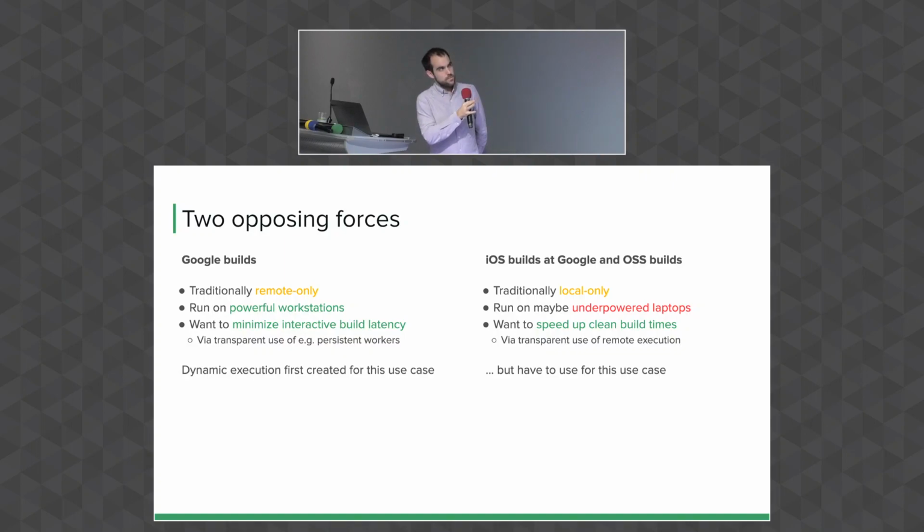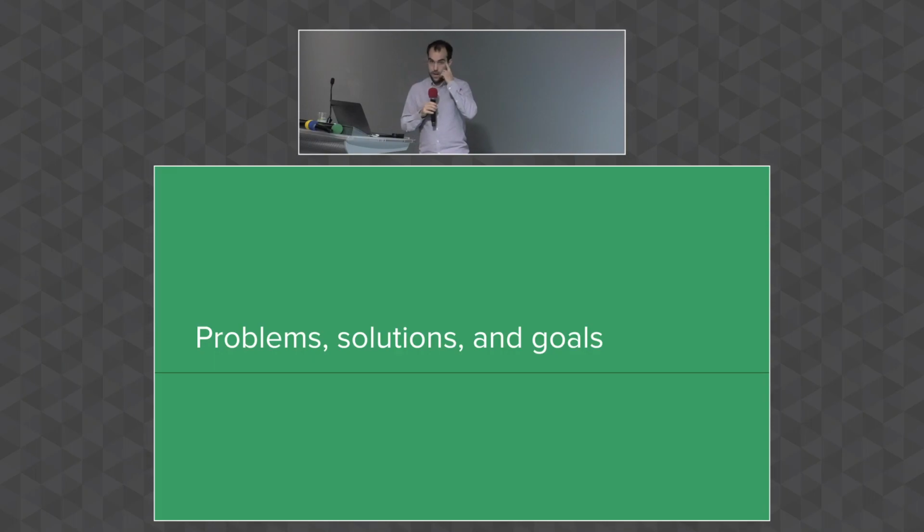So the problem is here, again, that the dynamic scheduler was written for the first use case, and there were some implications in the code that prevented it from working properly on the second use case. And I want to dive into some of them now. We'll cover 3 different problems that have time, their solutions, and what our goal is essentially for this. And then we'll be done.